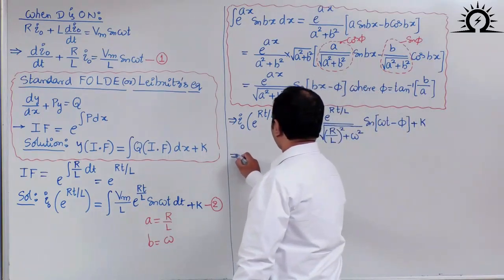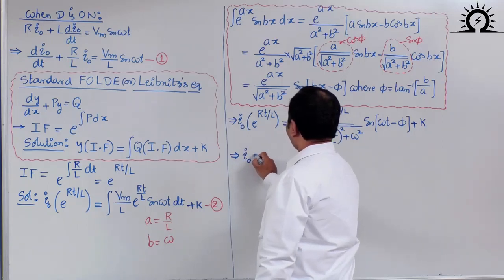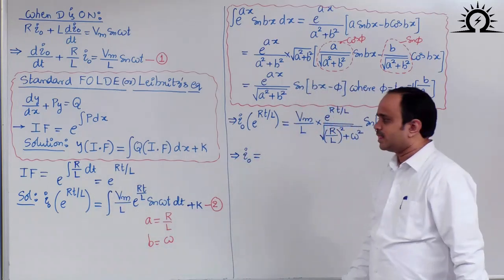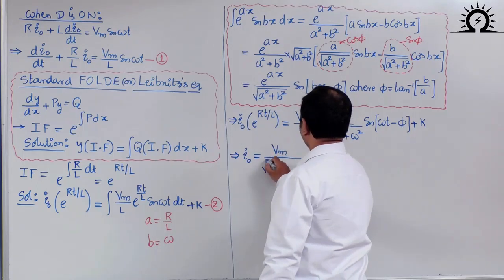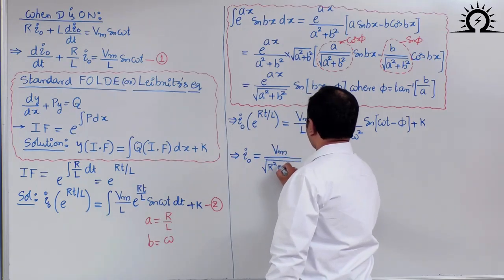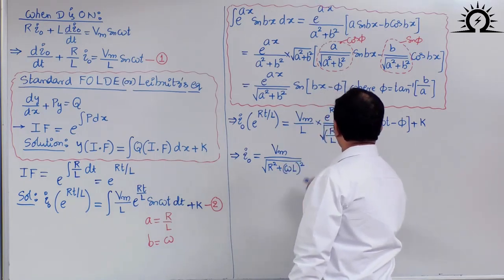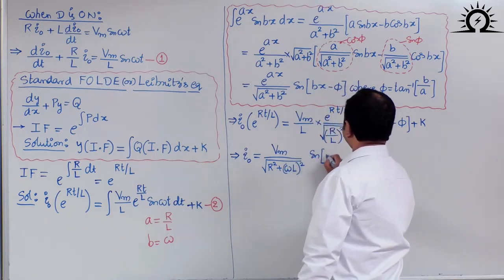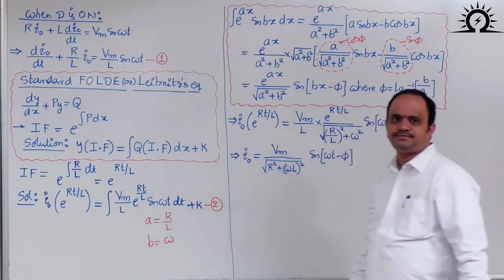Therefore, by dividing both sides with this value, we will get left hand side I naught, right hand side Vm divided by under root r square plus omega L whole square multiplied with sin of omega t minus phi.